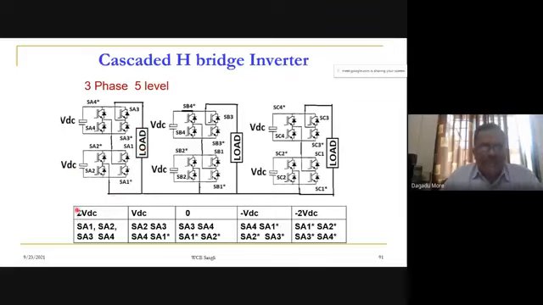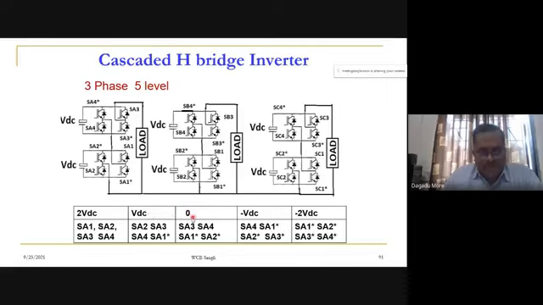Then we get twice VDC. In case one of the DC sources is bypassed, by switching on either the lower two or upper two devices, only one DC source is connected across the load with positive polarity, then we get VDC.